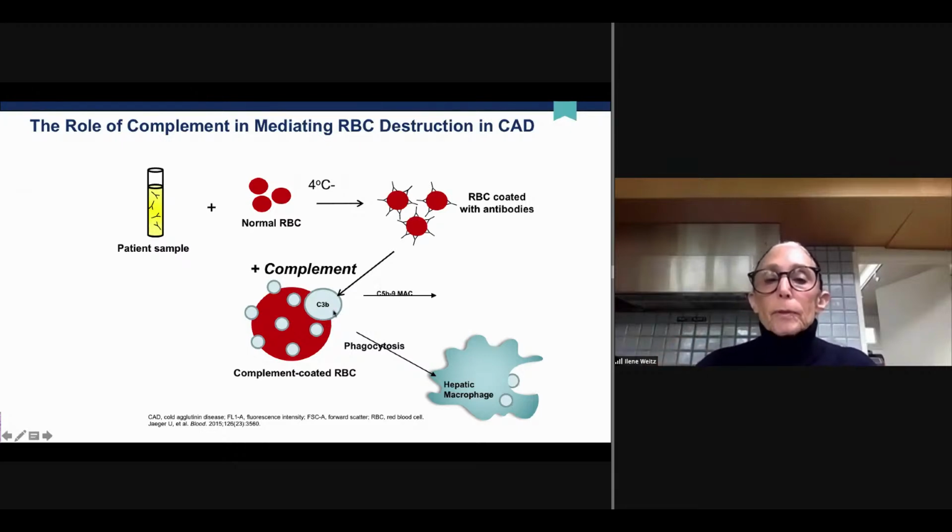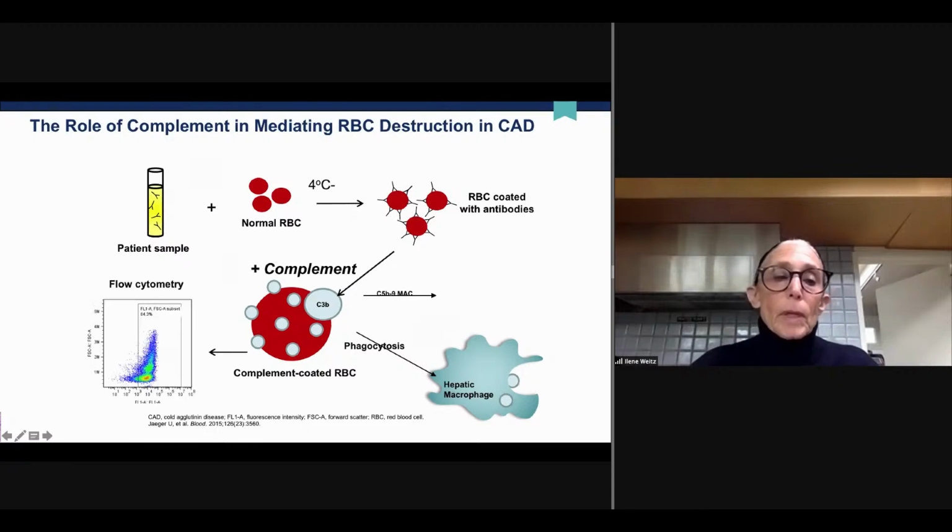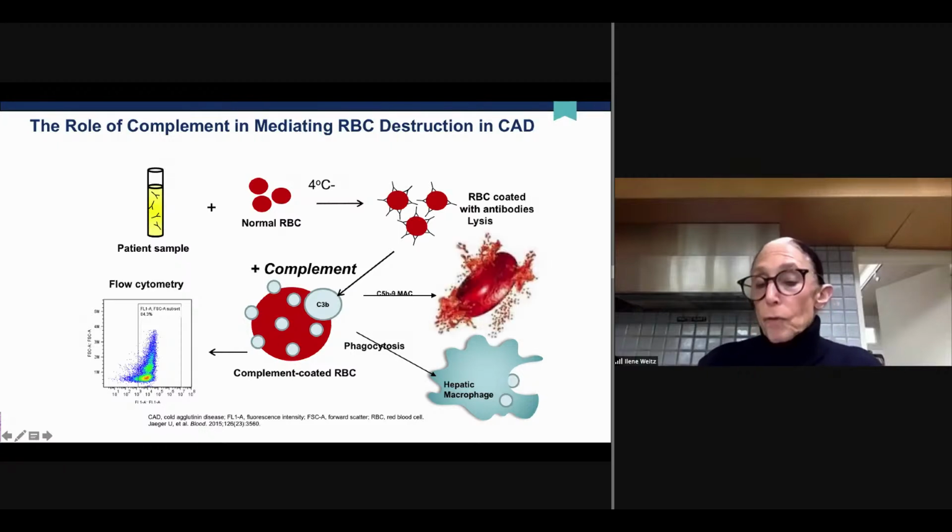C3b will then be able to fix the terminal complement proteins that lead to the MAC complex, and what happens most often is the cell gets phagocytized by the hepatic macrophage, which has a receptor for C3b. Okay, and here you could see the C3b loaded cells, but you can also get intravascular hemolysis due to terminal complement.